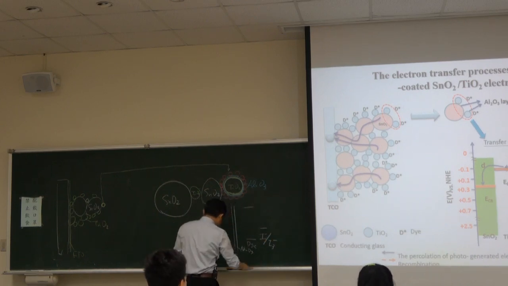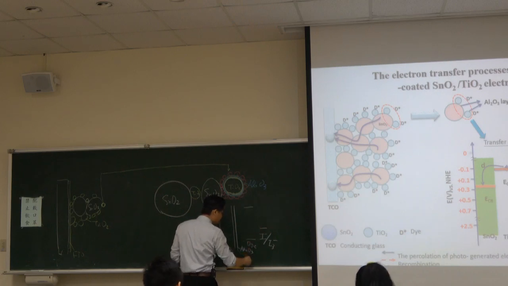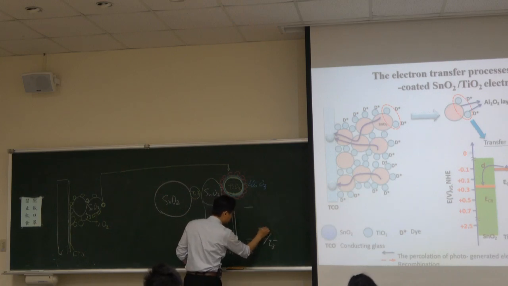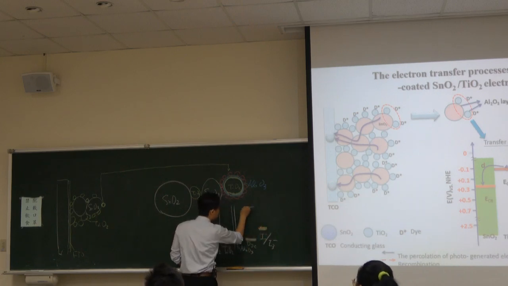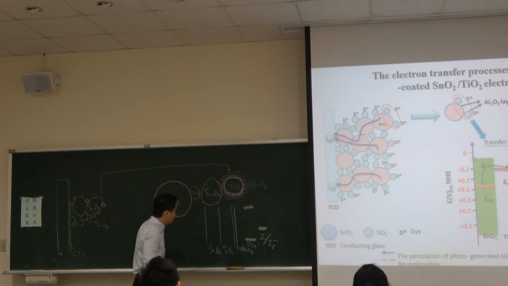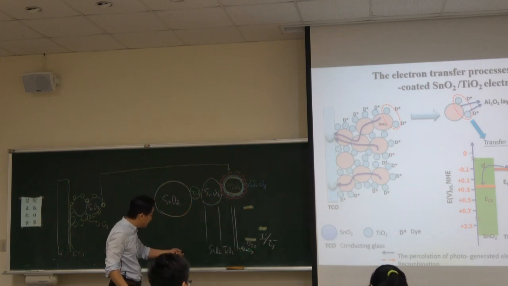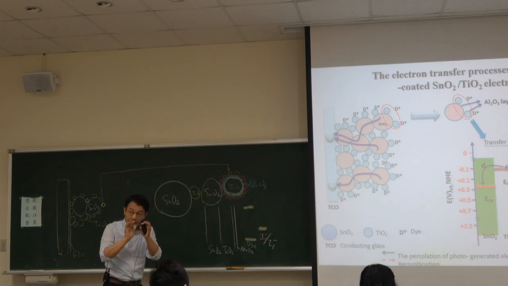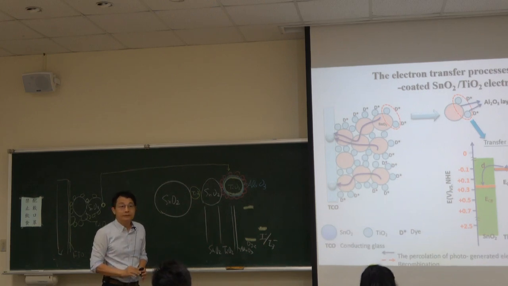This is the electrons. State. So you may be curious, because the Al2O3 is the insulator. Okay?